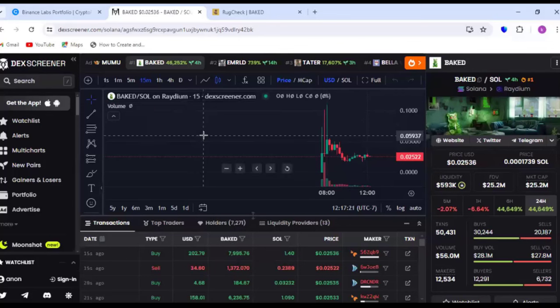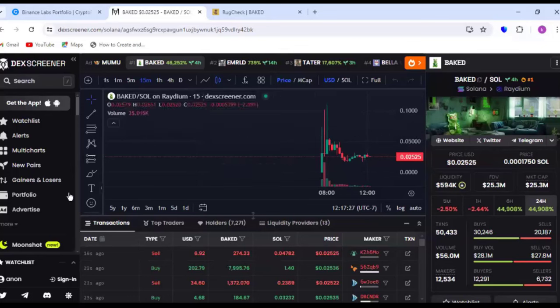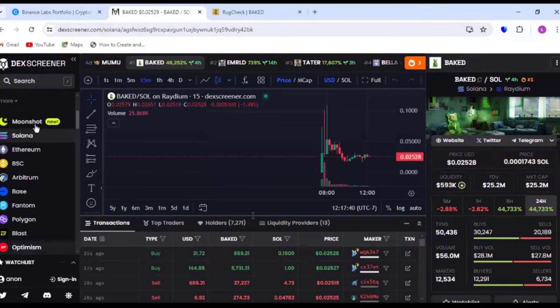Now, when we talk about dexscreener, how do we use it for analysis? This is dexscreener, and you can use the web version. Come to your browser and type dexscreener.com. Right about here, we have different blockchains.